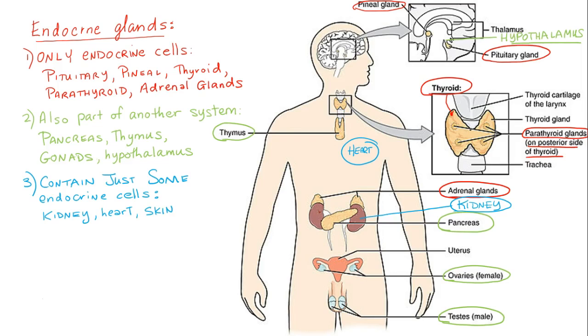And then there is the skin, which has the function of protecting the body, but also makes a vitamin D precursor in the presence of sunlight. And then you have the digestive tract, which is responsible for digestion, but also makes hormones that are helpful to the digestive process. So all of these endocrine glands secrete two types of hormones.